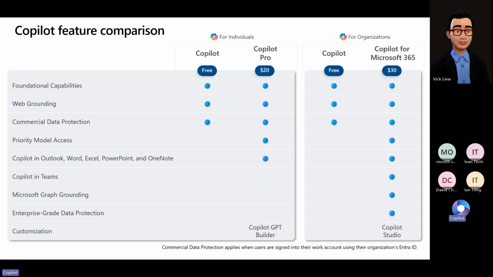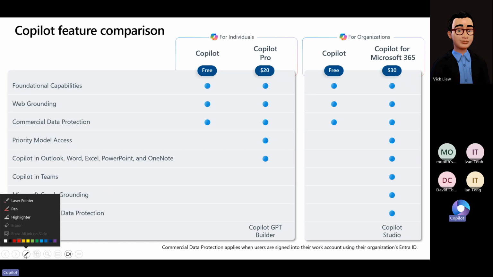If you want a comparison, you can see here for the individual version, there's a free and also a Pro, which costs you $20. For organizations, you have a free one as well. But if you want the features to be available in Outlook, Word, Excel, PowerPoint, OneNote, and other Microsoft applications, you will need to pay $30 per month per user.